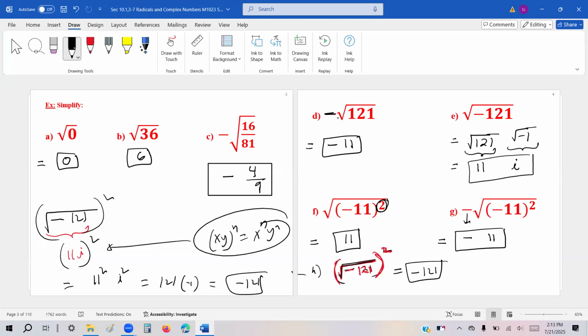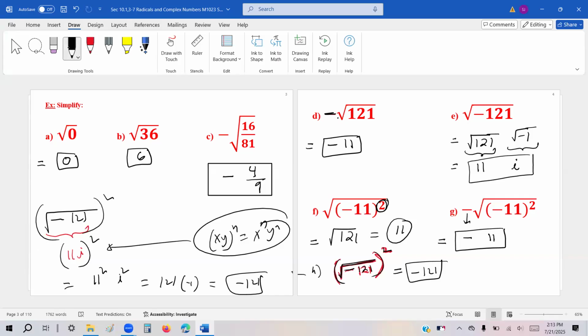Question on that. Isn't it -11 times -11? So we have square root of -11 times -11, which is positive 121. Yes. And what is square root of 121? That's why.